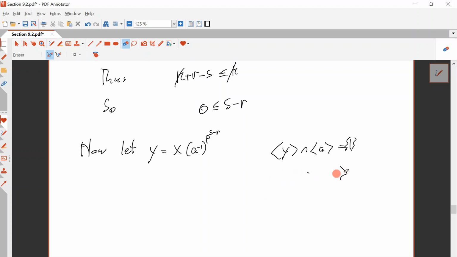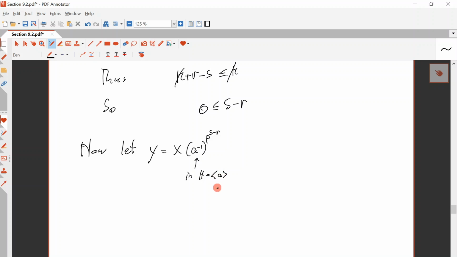Okay, well, this is x, and that's in h, which is the cyclic, so there's just some crazy power of a right here. So this guy is an element of hx, of that coset.